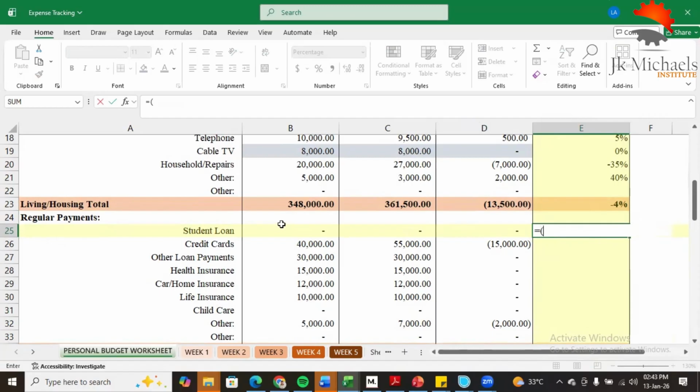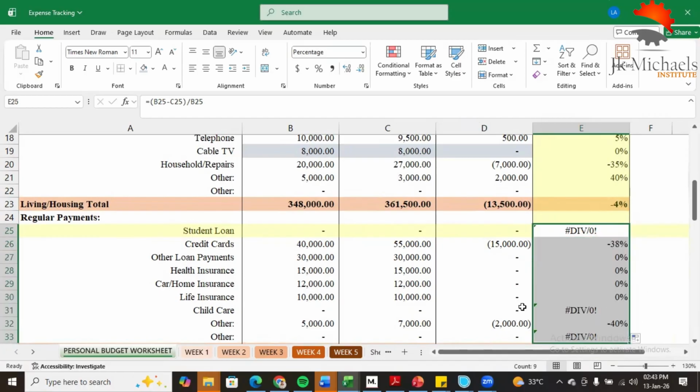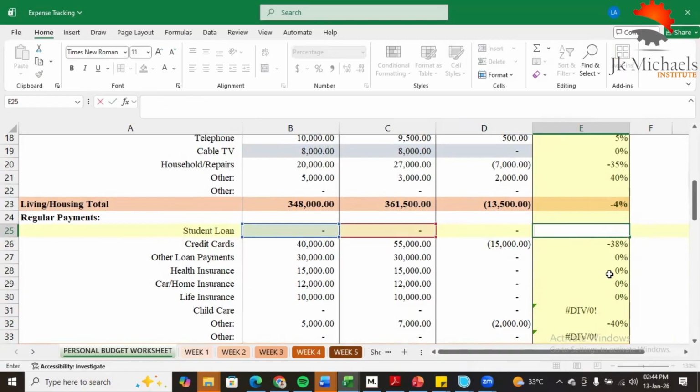We have budget minus actual over budget, expressed as a percentage. Ignore the division error, right? Okay, take this off, right?